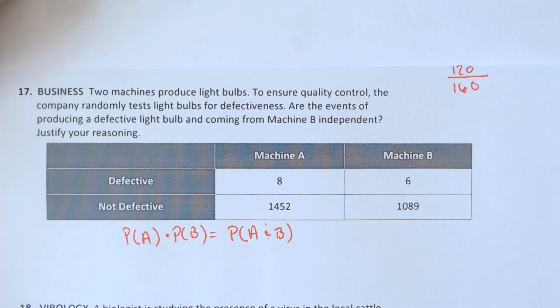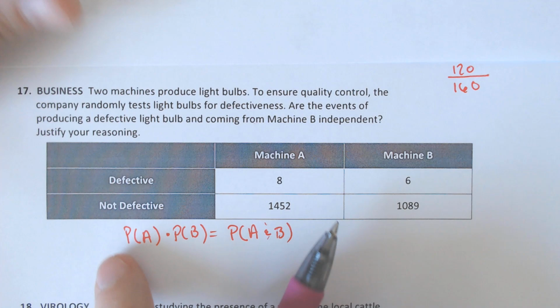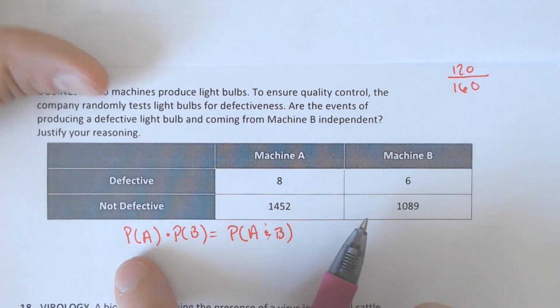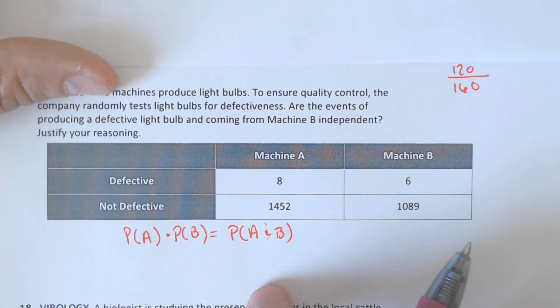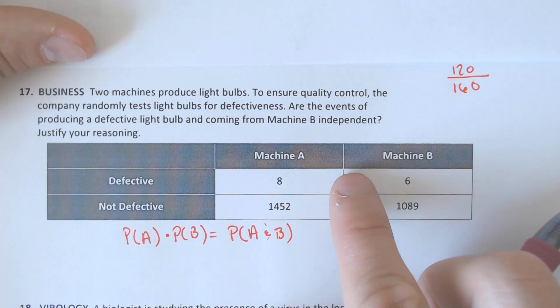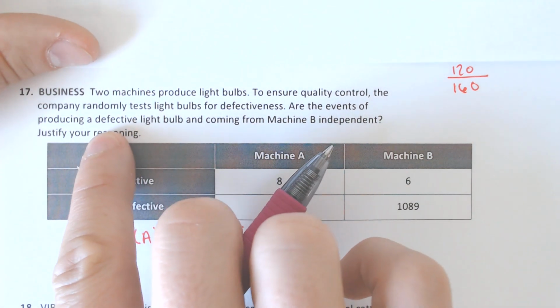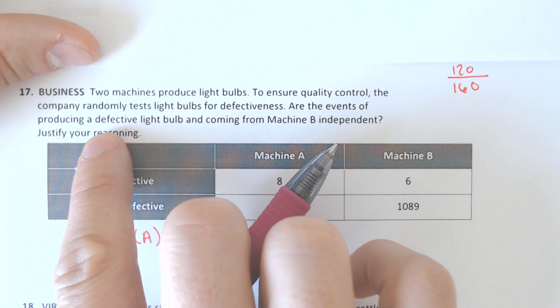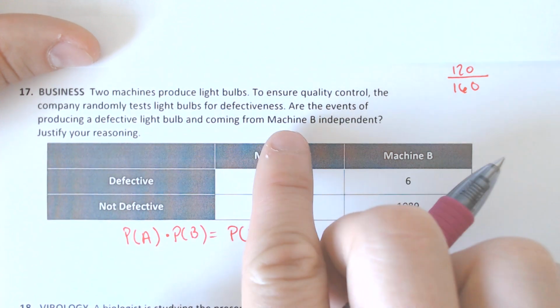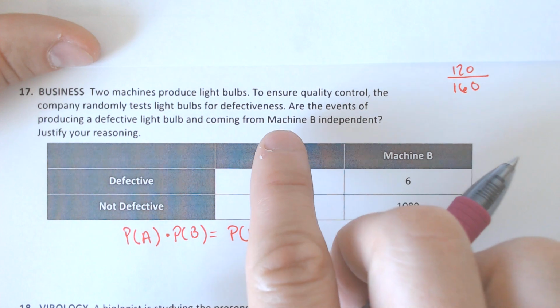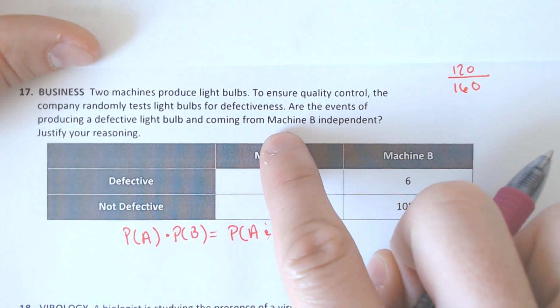Okay, so that is a fancy way of saying, is one event going to affect the other? So you can do it mathematically with the formula, but I find that sometimes it makes it a little bit more difficult. You can also think about it as, is the fact of becoming a defective light bulb dependent on you being produced by machine B?